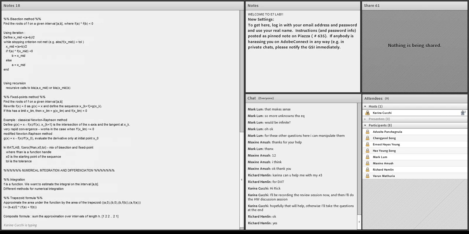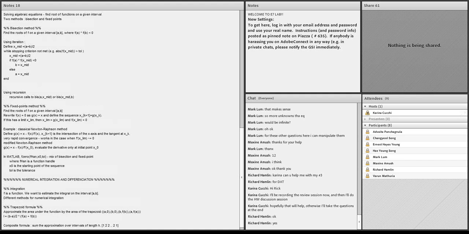But you can also go for the composite formula, where you will define smaller intervals, and so then you can define the area of the trapezoid between A and A plus H, and then A plus H and A plus 2H, etc. And then when you calculate the integral value, this will give you a pattern of 1, 2, 2, 2, 2 until the end to 1.